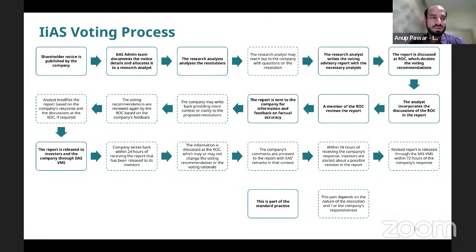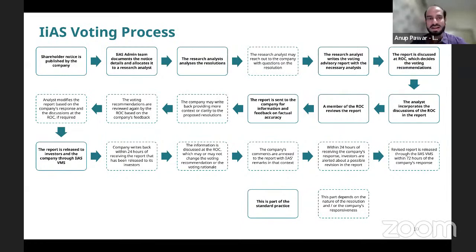I also thought I'd give you a sense of our voting process. I know this is a lot of information on one slide, but what I would like to highlight is that whenever a shareholder resolution comes up, there's a lot of thought and process behind how we finally arrive at the recommendation that is eventually sent out as a proxy advisor.